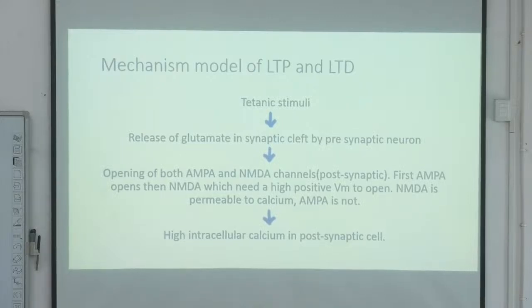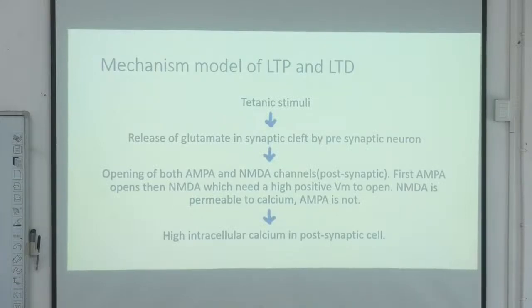Okay. So tetanic stimuli cause release of glutamate in the synaptic cleft by the presynaptic neuron and opening of both AMPA and NMDA channels. First the AMPA receptor opens, then the NMDA receptor opens, because NMDA receptors need some high voltage or high membrane potential to open.